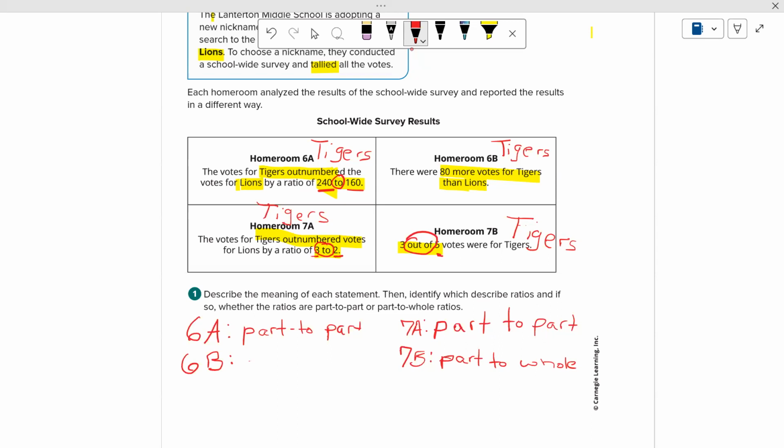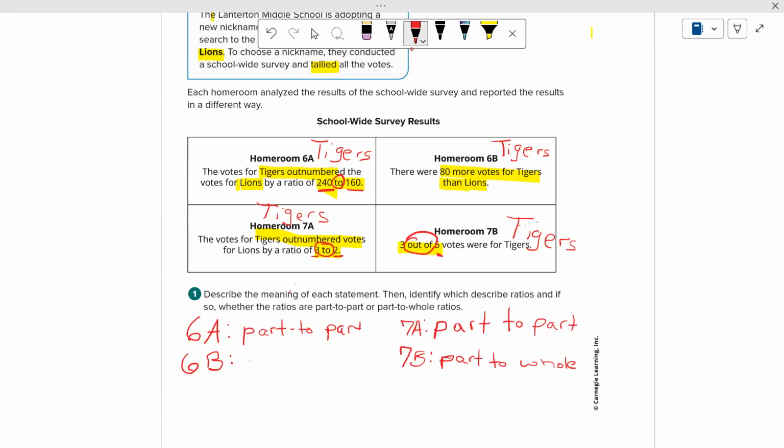Now 6B, there were 80 more votes for tigers than lions. So to figure this out, I would need to know the whole, right? For me to know how many votes there were for lions, would I need to know the total? Or would I need to know the lions part? 80 more votes for tigers than lions.